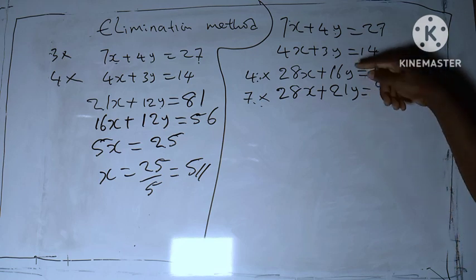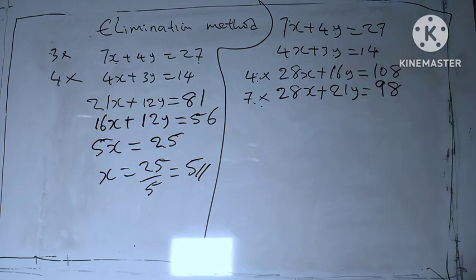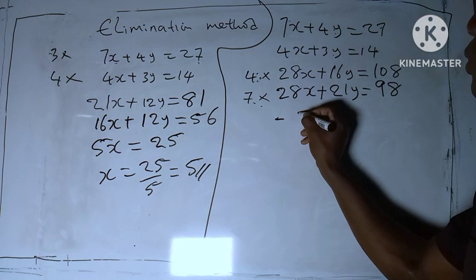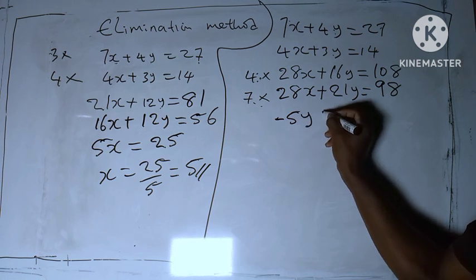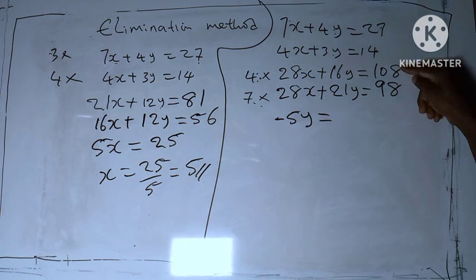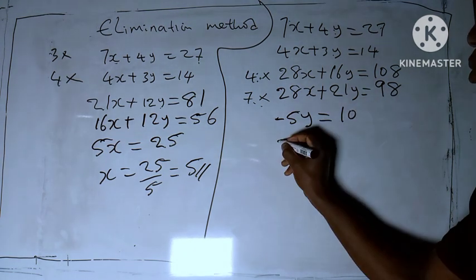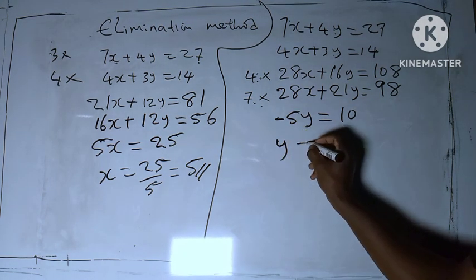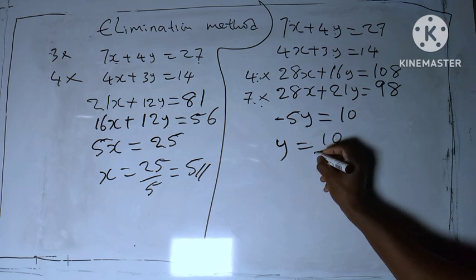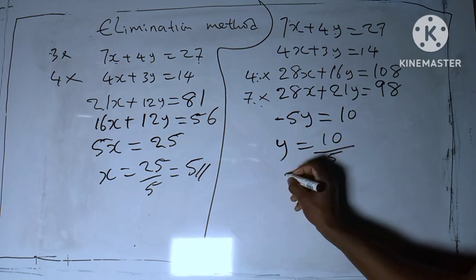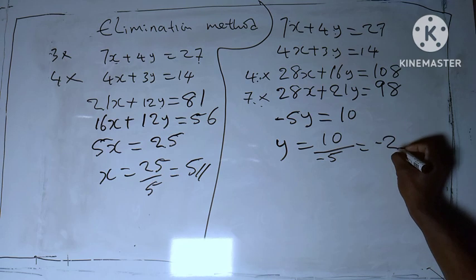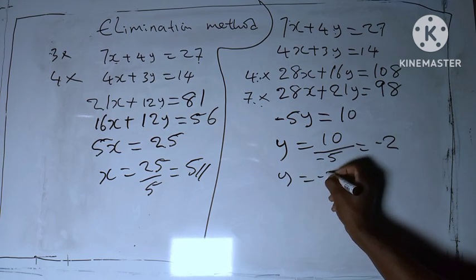So 16 minus 21 will give us minus 5y equals 108 minus 98, which gives us 10. So y equals 10 over minus 5, which gives us minus 2. So y equals minus 2.